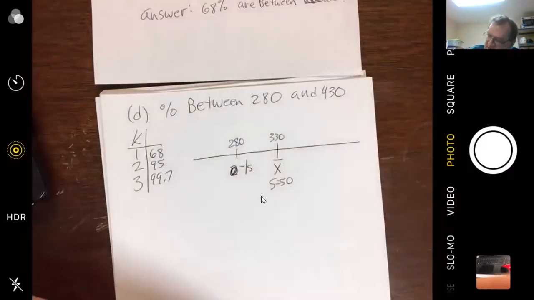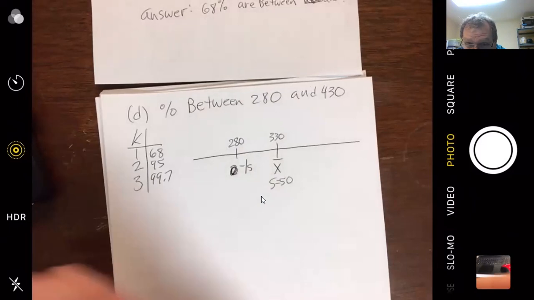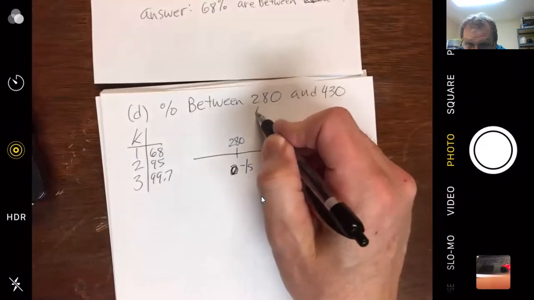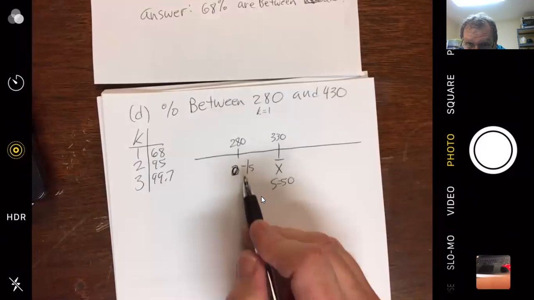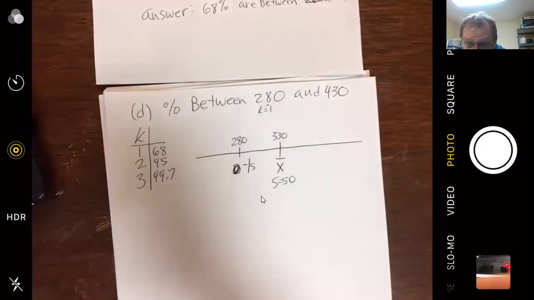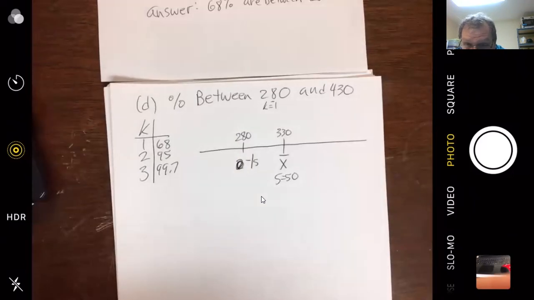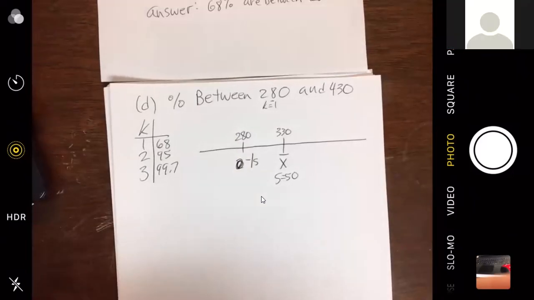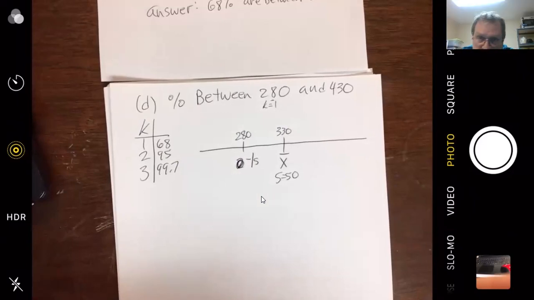Now I know generically it's technically -1. Maybe it's too confusing. They just generically kind of refer to them by their positive part. All right, you see why that is? You see how I know 280 is a k equal 1 number, 1 standard deviation? Yes. Okay, now I get it. All right, if you remember further up the page in other parts, and we could redo it, the 430 was a k equal 2 number.